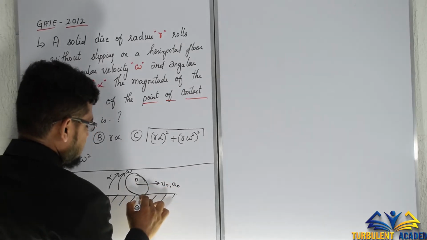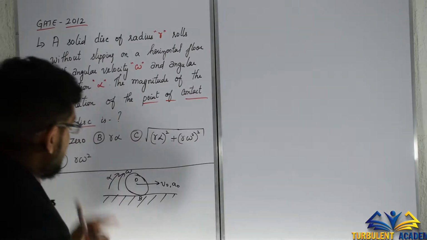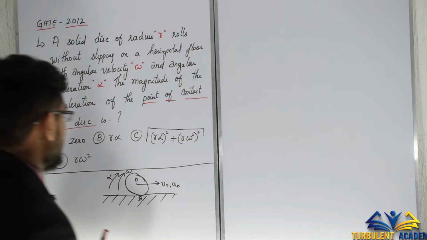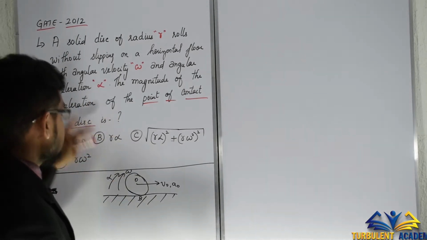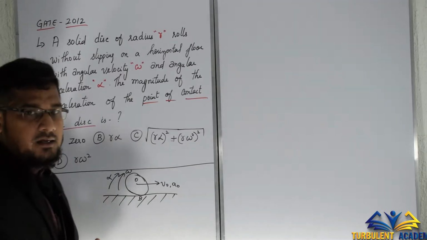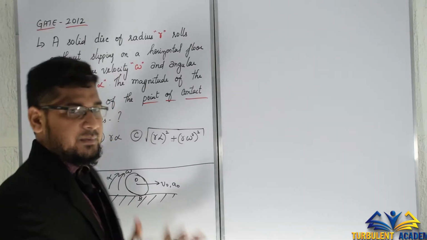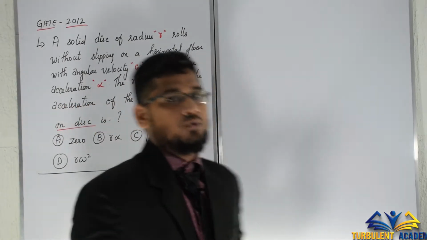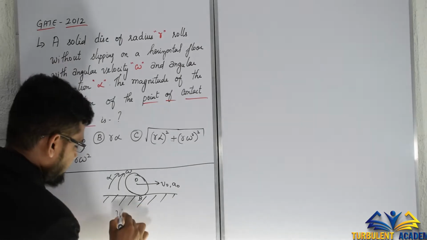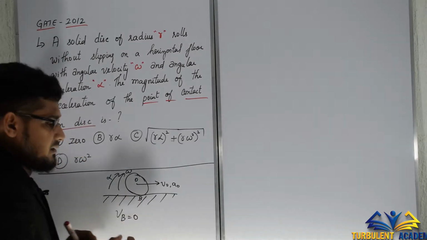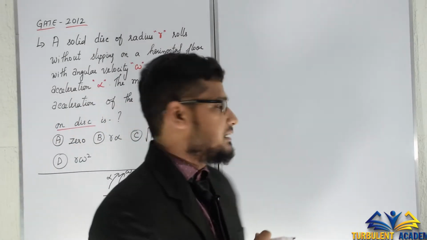Let's call the point of contact b. Let it be any variable, it doesn't matter at all. They have asked for the acceleration at this particular point. Now many people might be aware, and we are going to derive it too, that the velocity at the point b is 0. That's what has been explained in this concept.